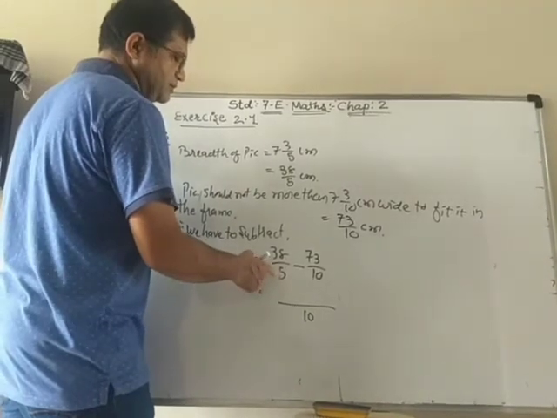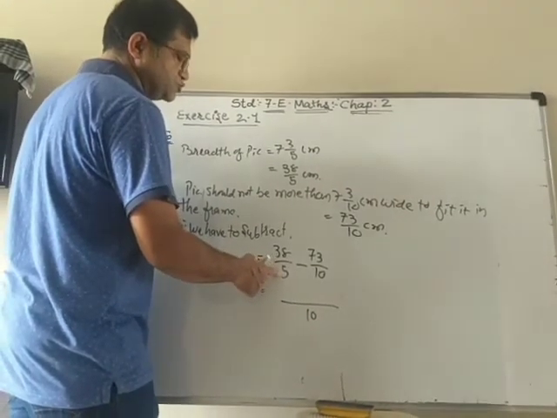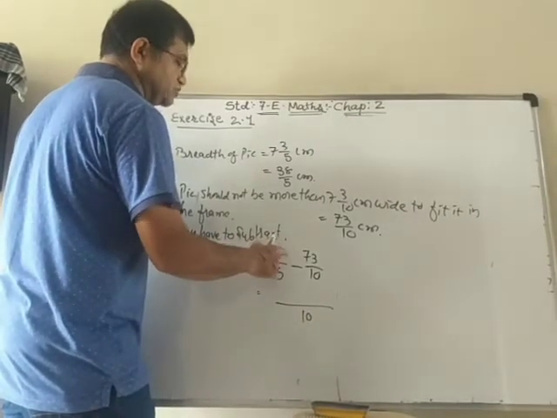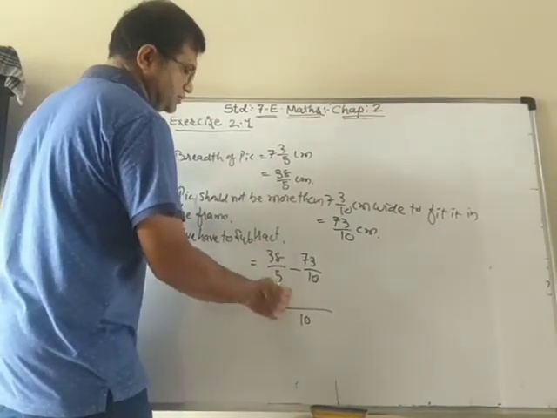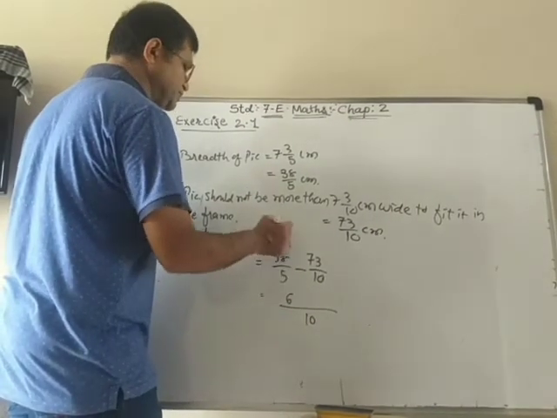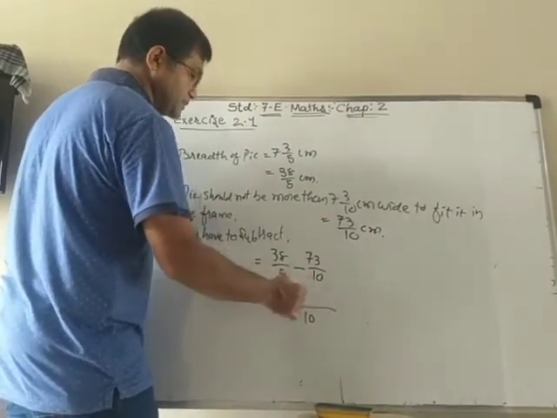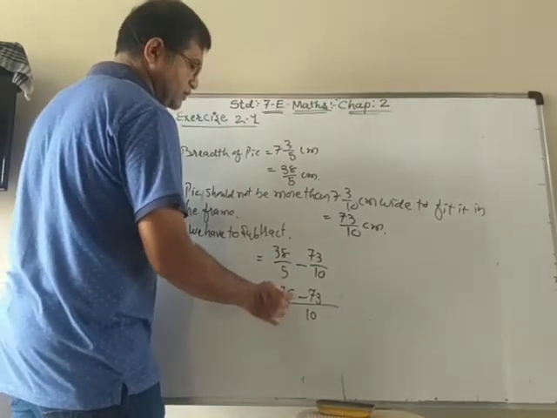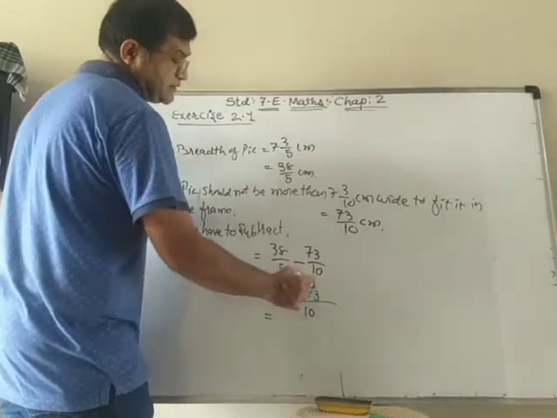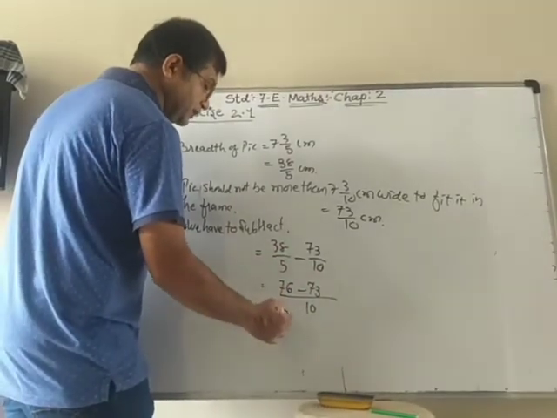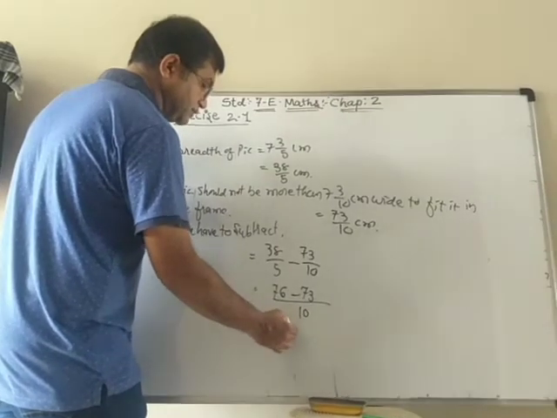So what should we multiply 5 with to get 10? 5 2s are 10. So we have to multiply 38 with 2. 8 2s are 16, carry 1. 3 2s are 6. 6 plus 1 is 7, so 76 minus 73 is 3 upon 10 centimeter.